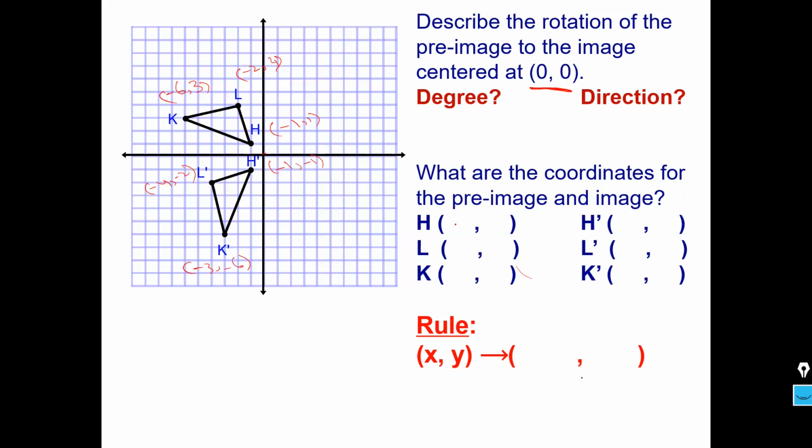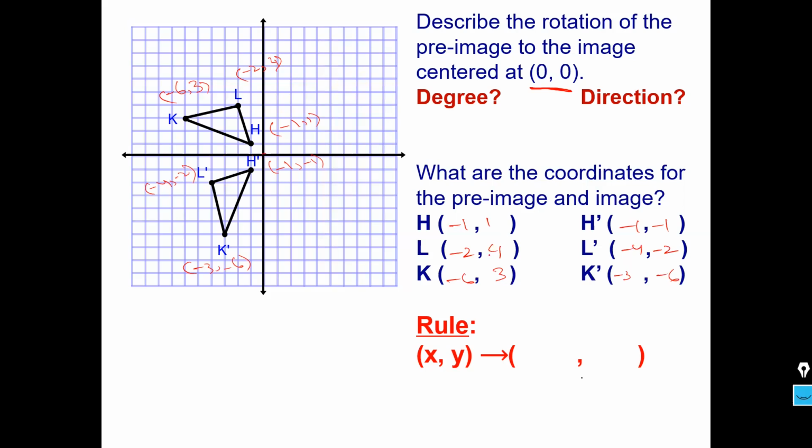H is (-1, 1), and it has come to H' which is now (-1, -1). Now look at L'. L is (-2, 4), whereas L' is (-4, -2). K is (-6, 3), where K' is (-3, -6).